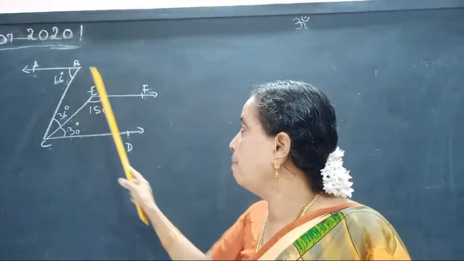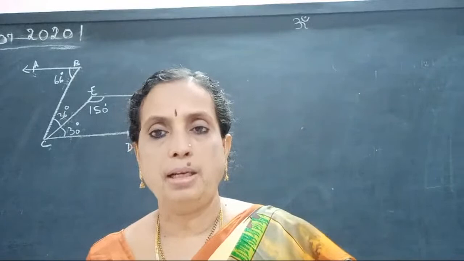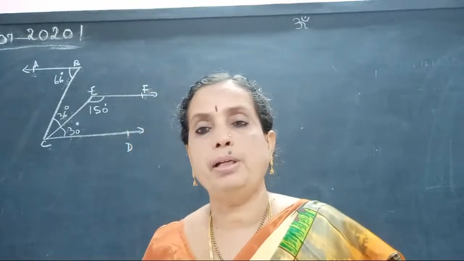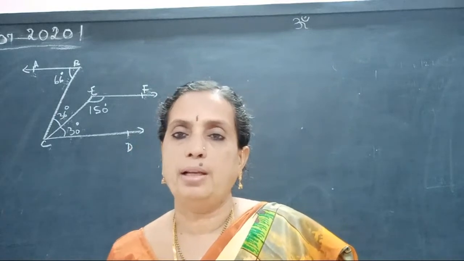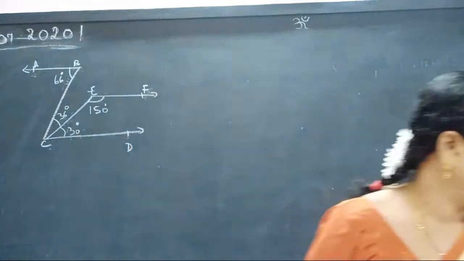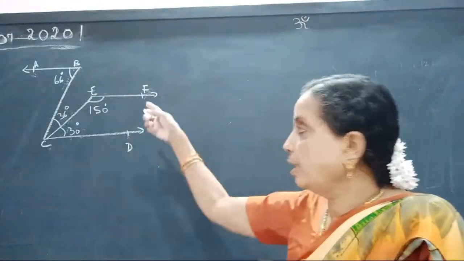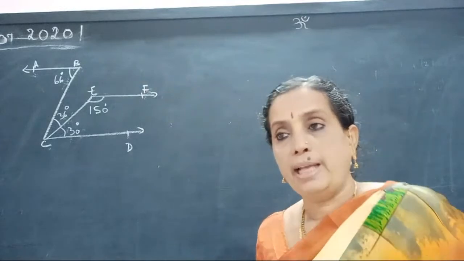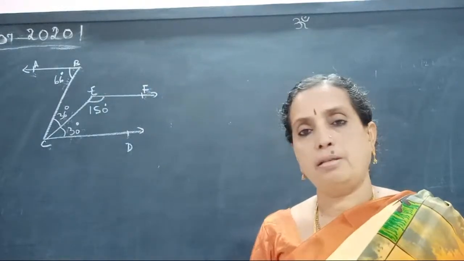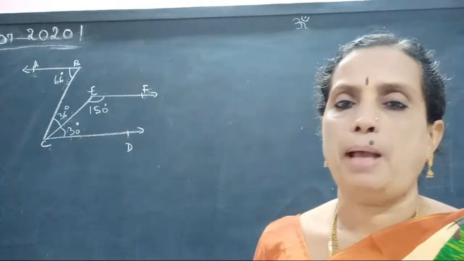Therefore, AB parallel to EF. Concept clear? The converse statement of the theorem is what we have used here to get the final result. Because in both cases it is not given in the beginning that the lines are parallel. If the lines are parallel, the interior angles are supplementary. If they are supplementary, the lines must be parallel.